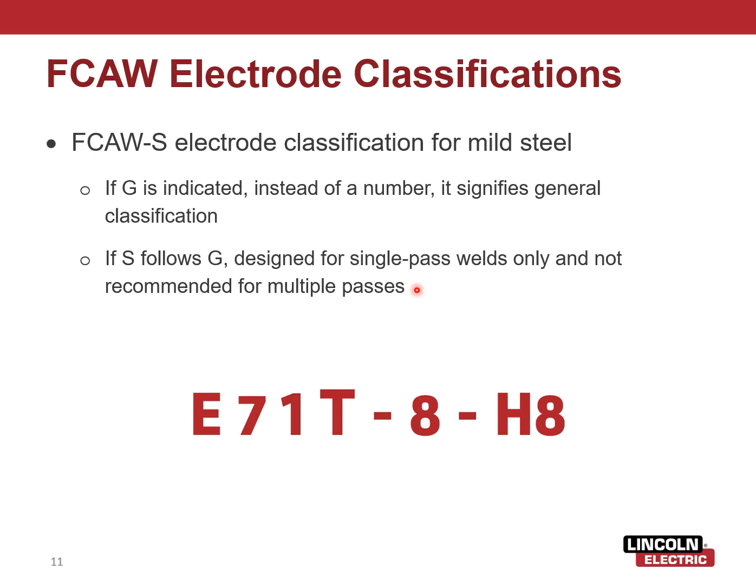Some of them are meant for single pass groove welds. Think about your sub-arc welders, how sometimes these things are meant to have insanely high deposition rates so that you can eliminate the number of passes you're trying to fill inside that groove. Some flux wires are designed specifically for large single pass welds, not multi-pass welds. So that's what a GS would mean right there.